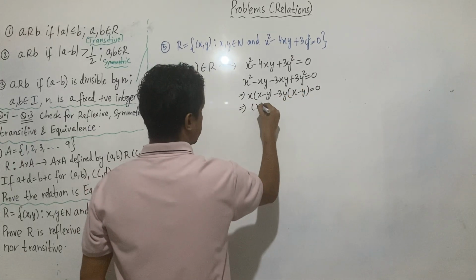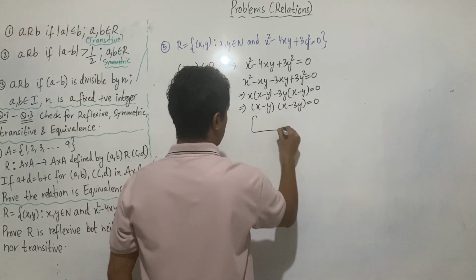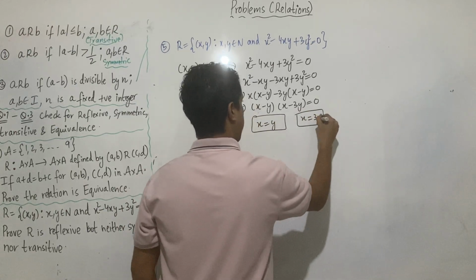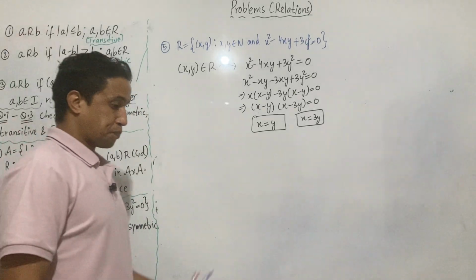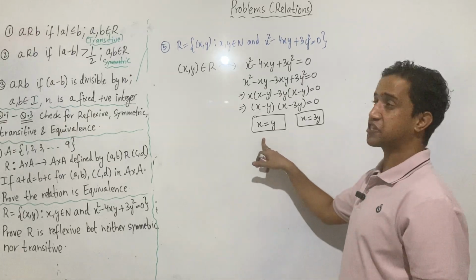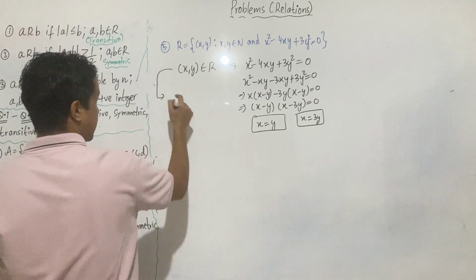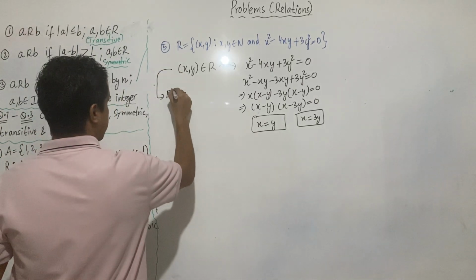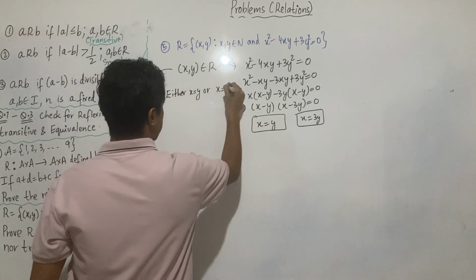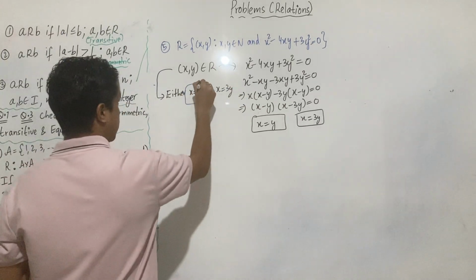So (x minus y)(x minus 3y) equals 0. So x equals y or x equals 3y. Only those x and y that satisfy these conditions are going to be in the relation. So either x equals y or x equals 3y. I hope you agree with me.